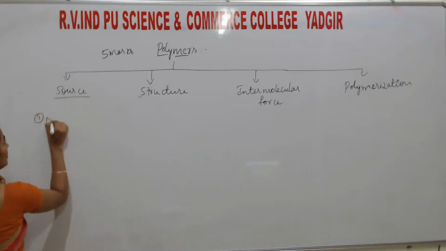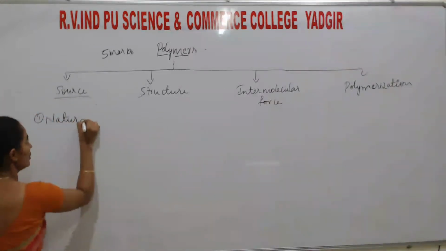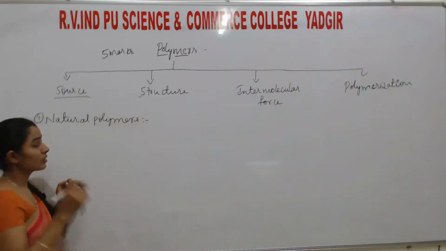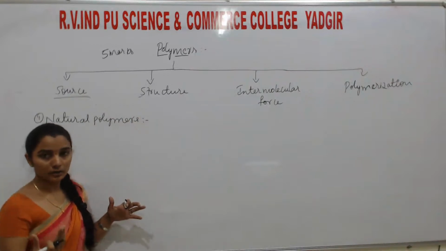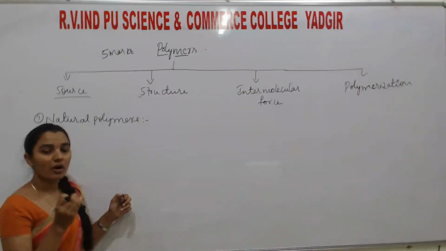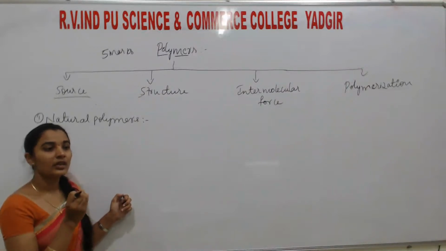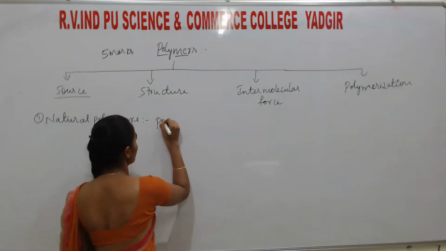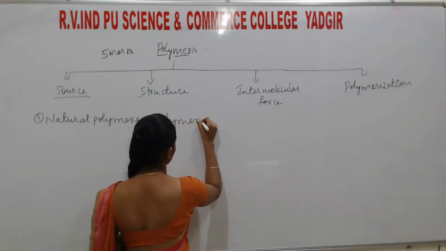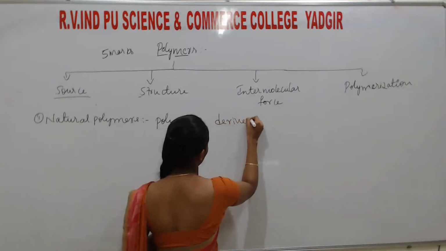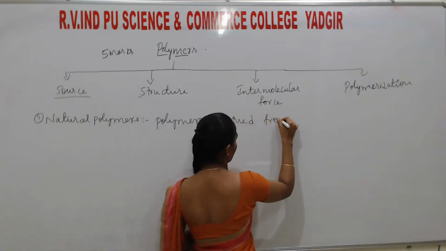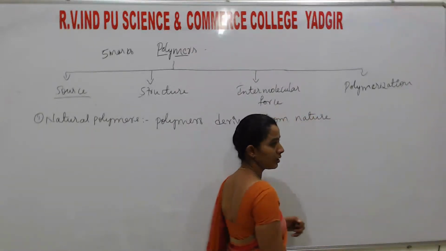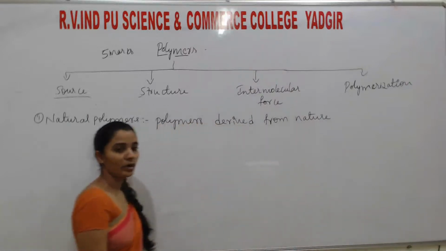In that, natural polymers. The source means from where they occur. Natural polymers means the polymers which are derived from nature, obtained from nature. Polymers derived or obtained from nature are called natural polymers.